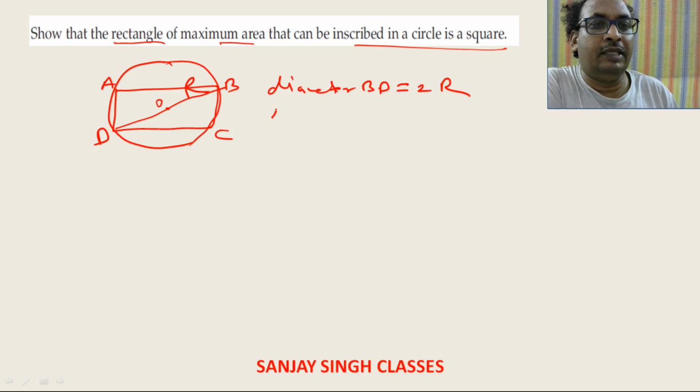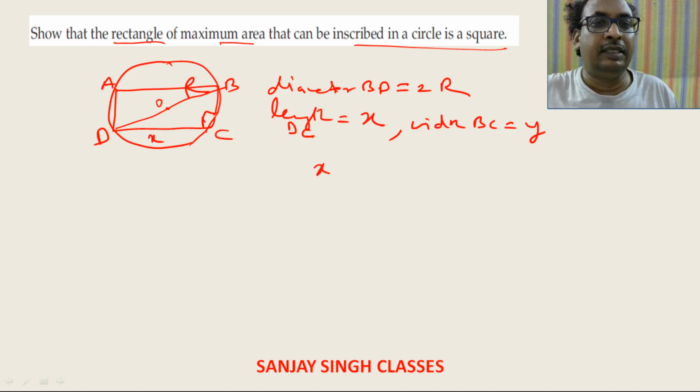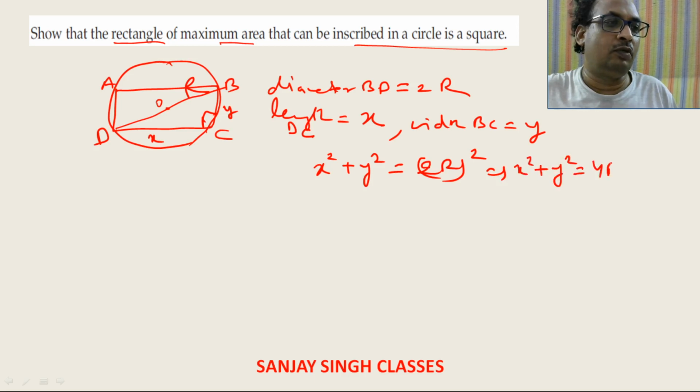Similarly, suppose the length of the rectangle is X, that is DC, and the width BC is equal to Y. Then as in a rectangle it is forming a right angle triangle, so suppose this is x, this is y, so x square plus y square will give us 2r whole square, that is x square plus y square is equal to 4r square.